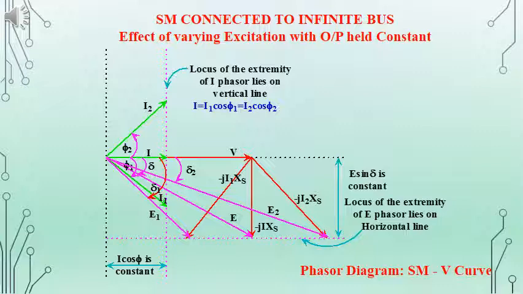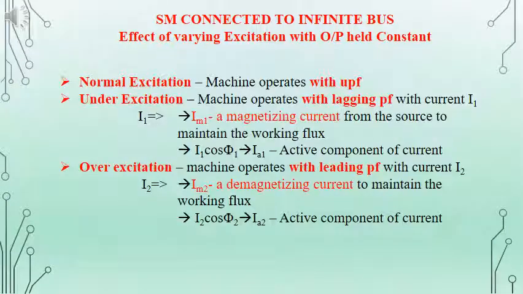At UPF condition, the magnitude of armature current will be minimum. And if it goes to the leading power factor condition or to the lagging power factor condition, by change in excitation, the magnitude of current will be increasing. So the same is explained here.